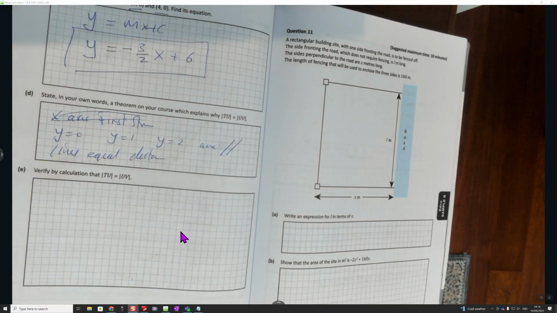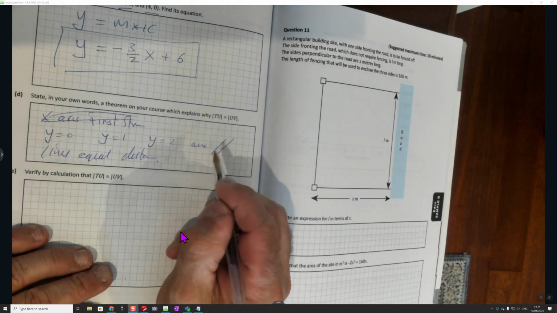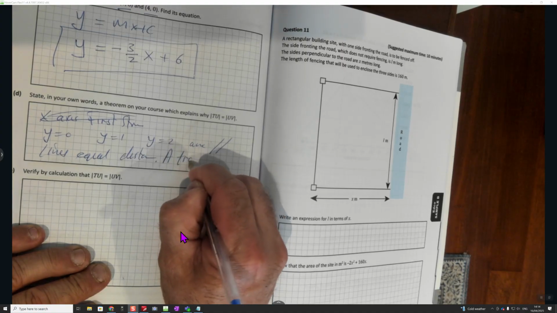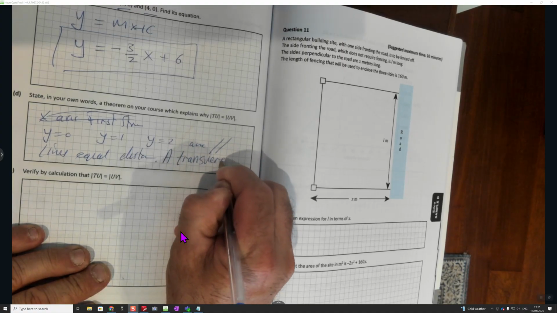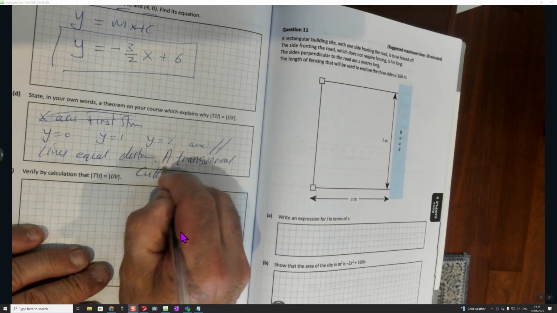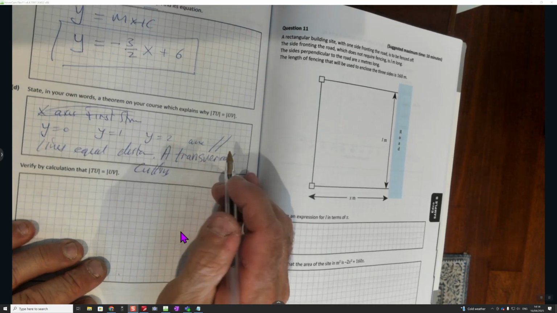And the theorem, I'll be honest with you, well, I'll give you the words for the theorem, and that is a transversal cutting, and we'll look at exact words from the syllabus in a moment.